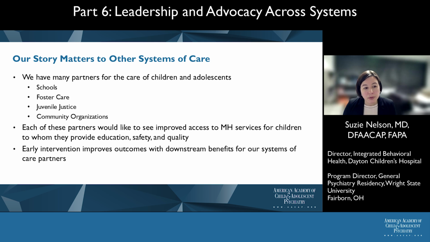Now, what we want to do here, after considering all of these ways in which our story of collaborative care and what it can do for the entirety of the healthcare system that supports children, is to look at what we think is the difference between collaborative and integrated care and the care that has existed through our specialty mental health referral system previous to launching collaborative and integrated care models.